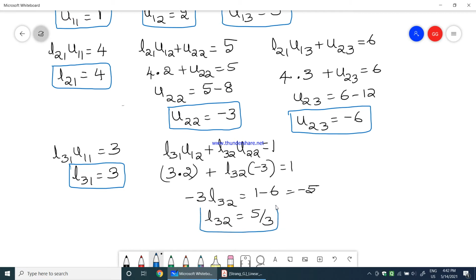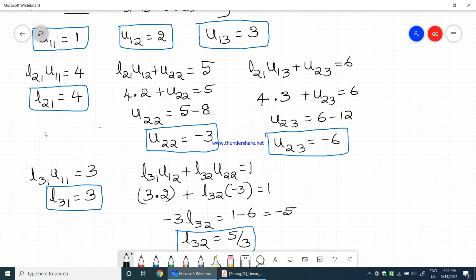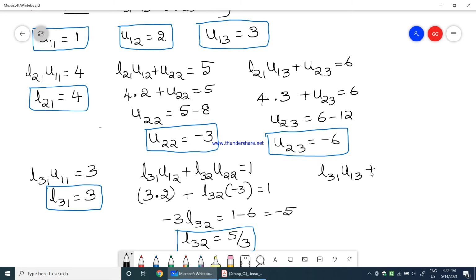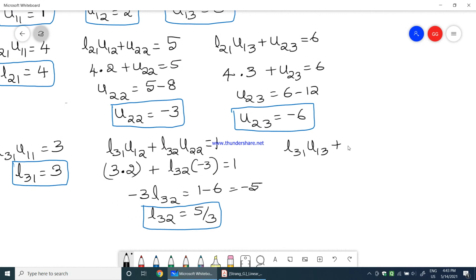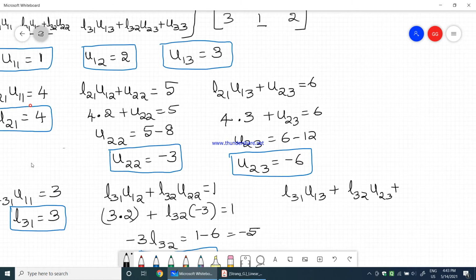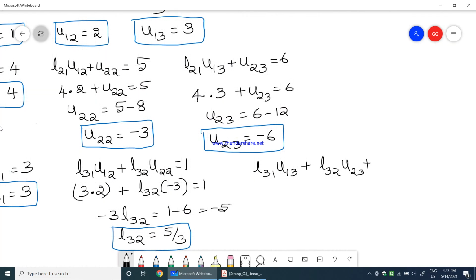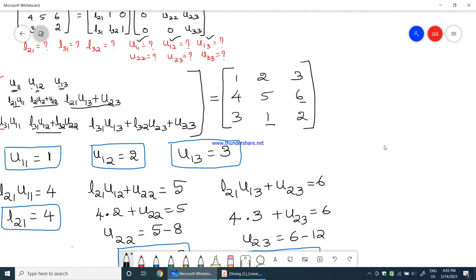Finally, the last value: L31 into U13 plus L32 into U23 plus U33 equals, this will be equated to this 2.